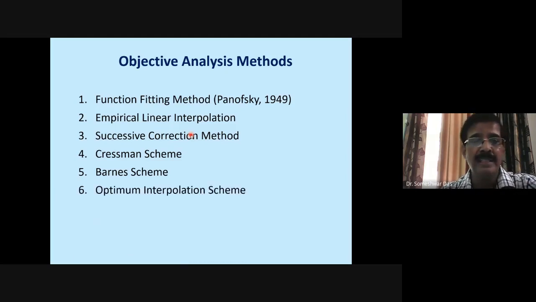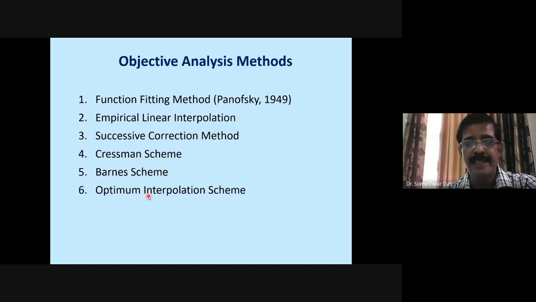And finally, the so-called optimum interpolation scheme, also called the multiple optimum interpolation scheme, because it takes into account multiple observations at a time to interpolate them onto the regular grid point. This last one is the one which used to be very popular in operational models.